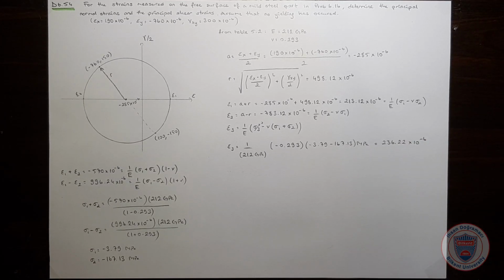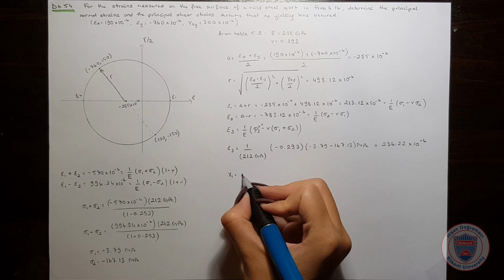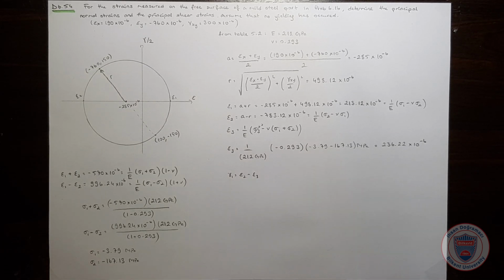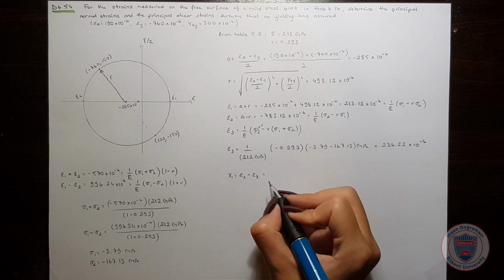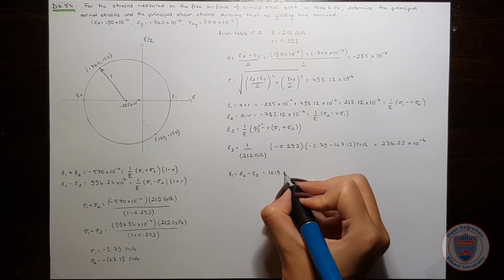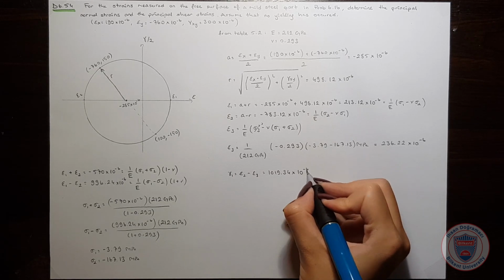Let's continue with the shear strains. Gamma 1 will be equal to epsilon 2 minus epsilon 3. And we know that it is 1019.34 times 10 to the power of minus 6.